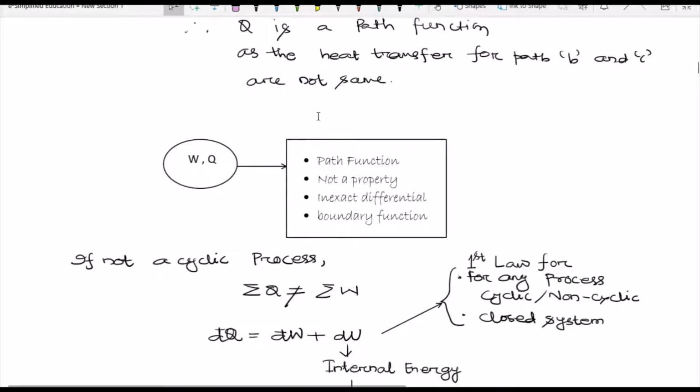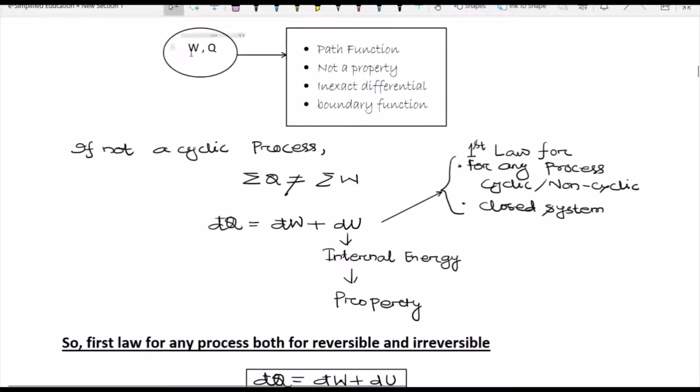Okay, so the conclusions are that heat and work are path functions, and heat and work are not properties. If these were properties, they would be point functions, but these are not properties. Again, I will discuss later that heat and work are transient functions. Why are these transient functions?